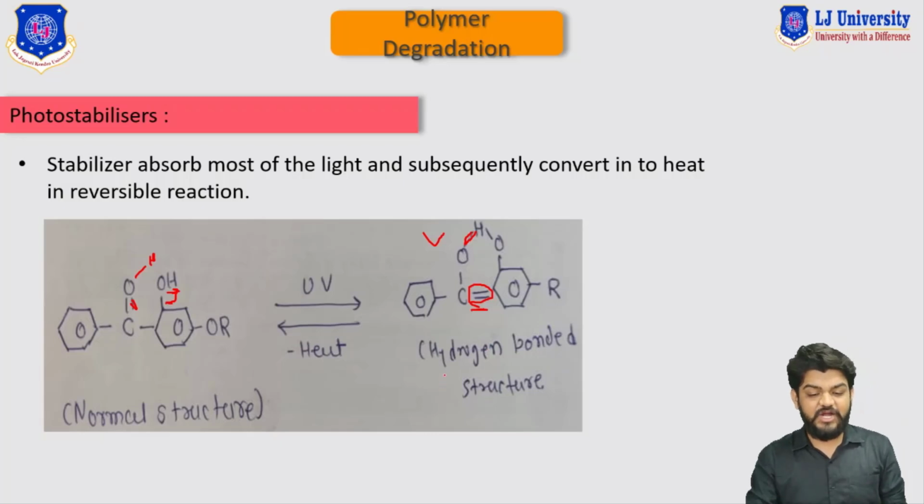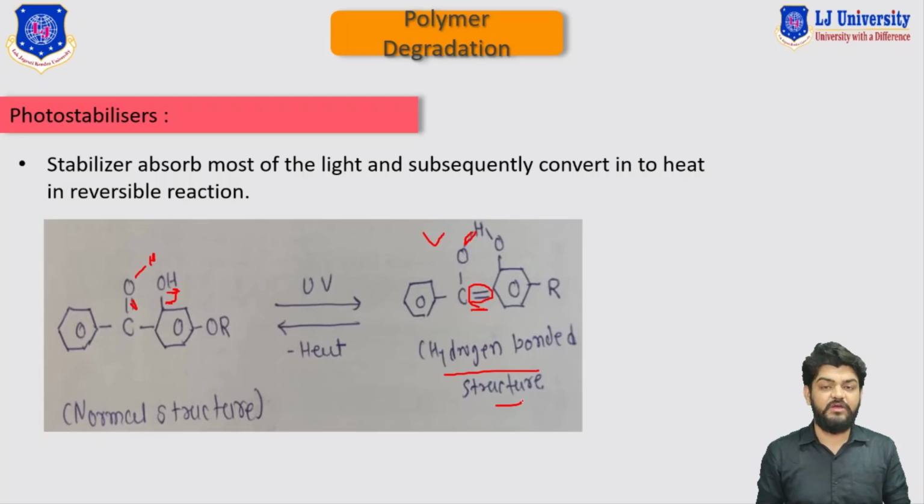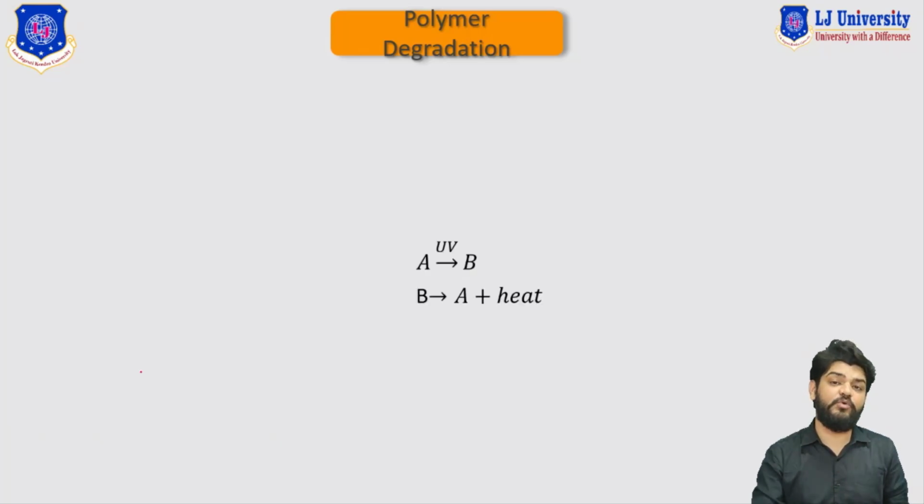So this is the hydrogen bond structure which is formed after the UV radiation. If we extract heat energy from this particular structure, it will reform the normal structure of the photostabilizer like this.